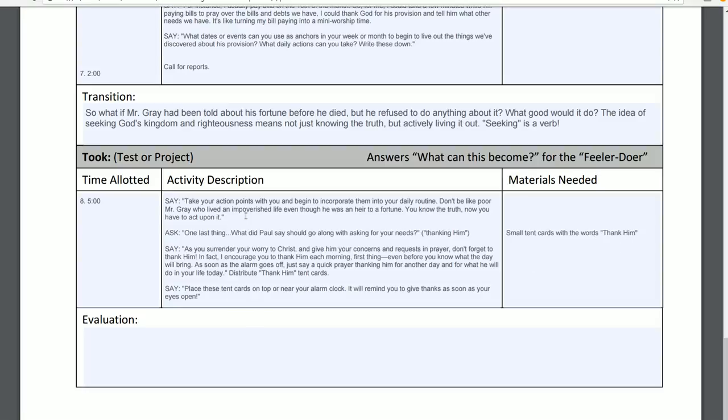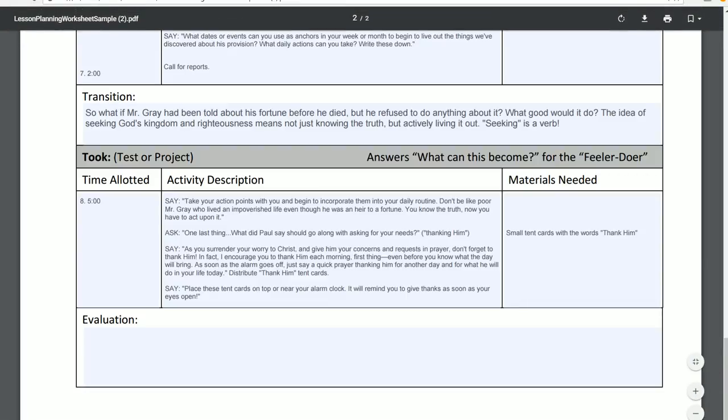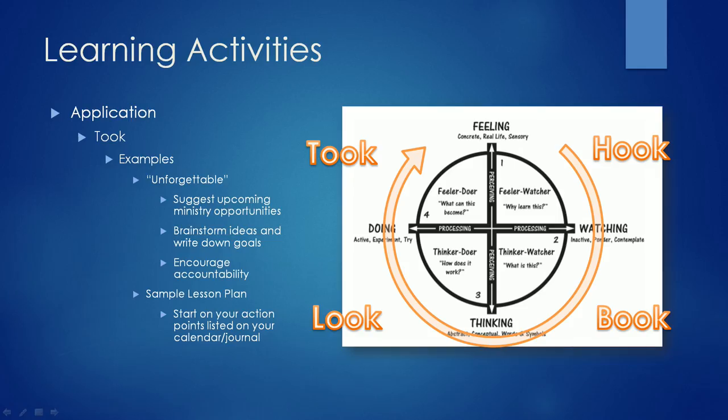This is a way for them to take this lesson out of the classroom and start doing something with it every day. In this case, when they wake up and see their alarm clock, they see the little words "Thank Him," and then they thank Him each morning before they get up. So that's a couple of the took things that we did there: that one and using the tent cards to remind them to be thankful each morning.